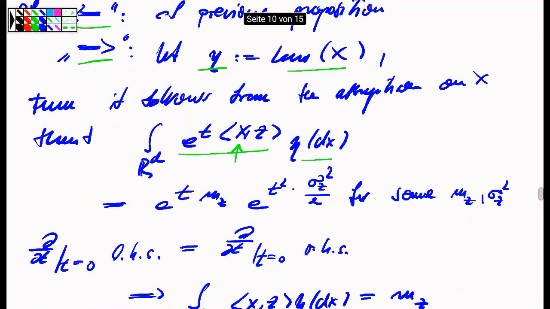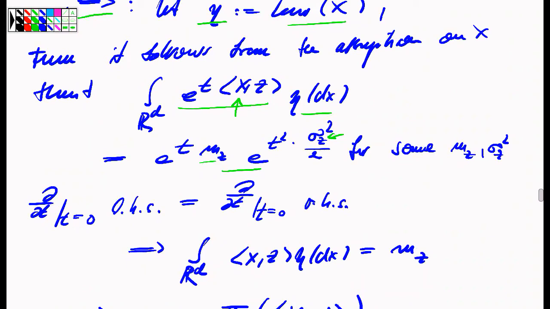We know that this Laplace transform, which we wrote down here, must be the Laplace transform of a one-dimensional Gaussian random variable. So there are certain parameters mz and sigma z squared, such that this expectation has this form. And that's correct for any t, and for some given mz and sigma z squared, which will depend only on z.